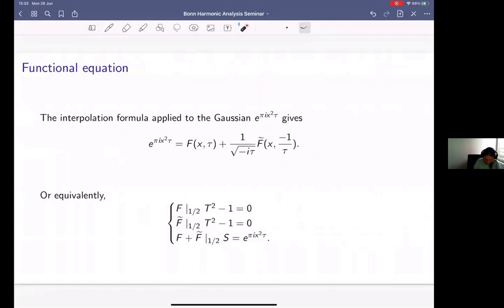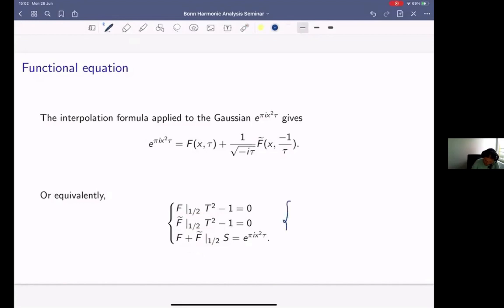Now we know that our functions f and f tilde satisfy the following functional equations. First, both functions are periodic with period 2. Here I am using the slash notation, which is widely used in the theory of modular forms.